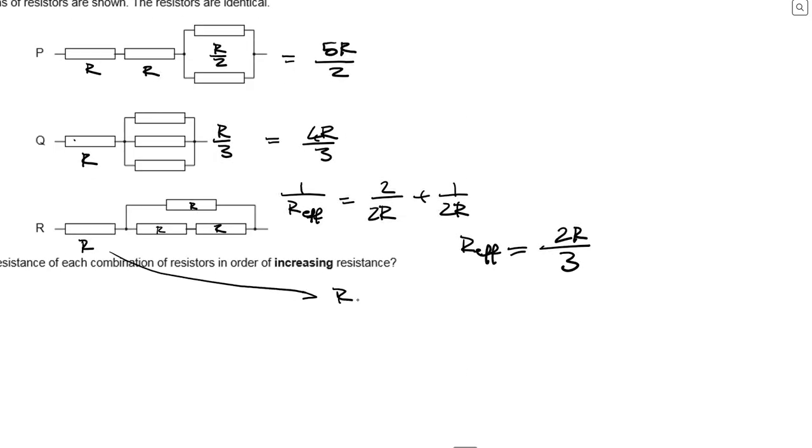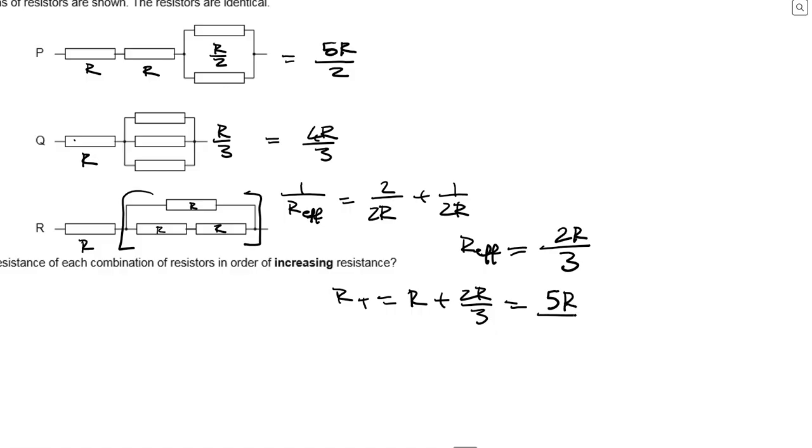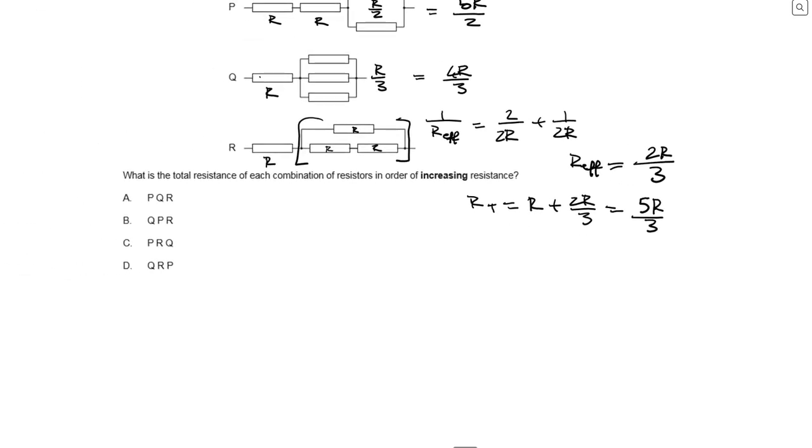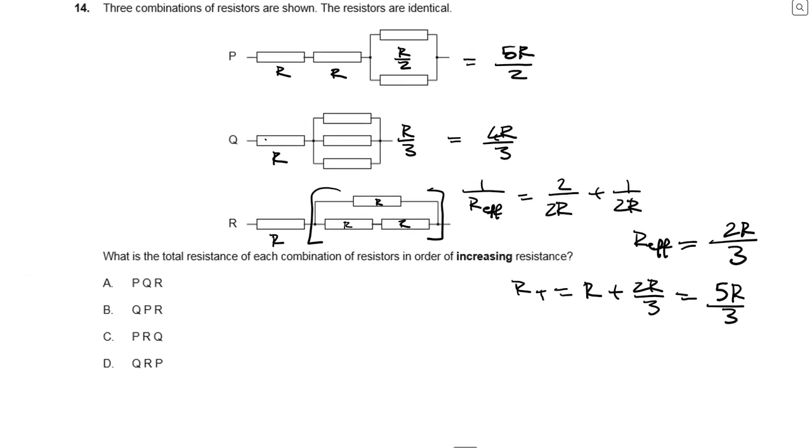And so R total is equal to R plus this R plus whatever we found here. I just found this R effective. And so that is 5R over 3. Okay. And so that gives us total resistance, increasing resistance. So our lowest one here is this one, I believe. Right?